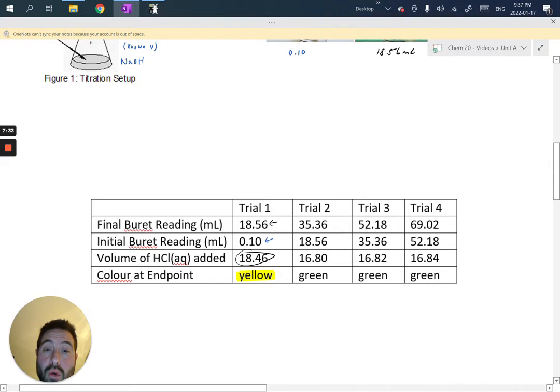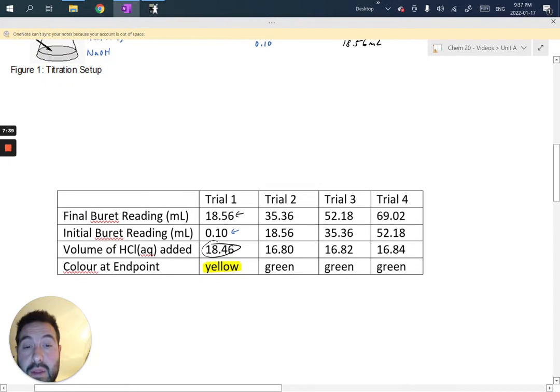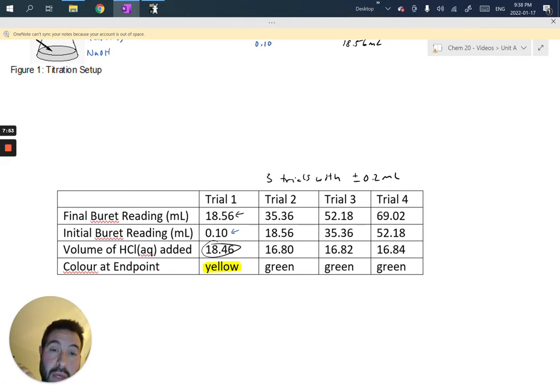My goal is to do a number of different trials so that I have 3 trials within 0.2 milliliters of one another. I've just made up some data here. So my trial 2, trial 3, trial 4, I did them perfectly. I got to my nice green endpoint.